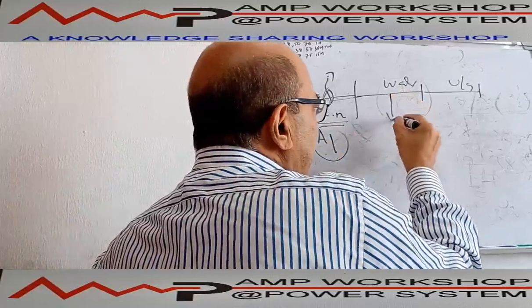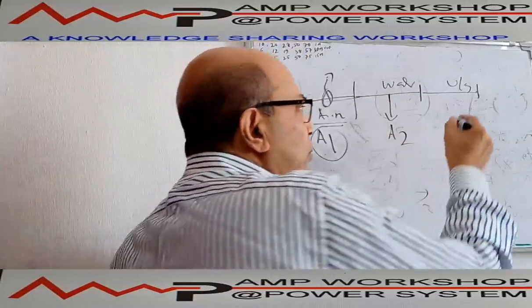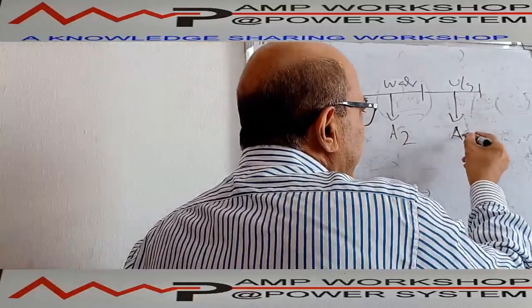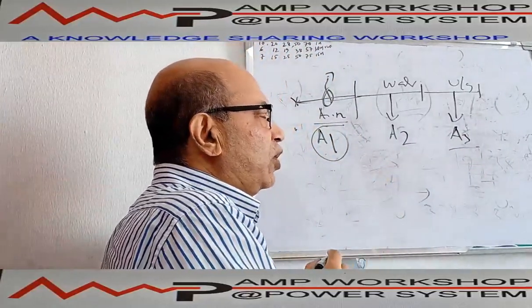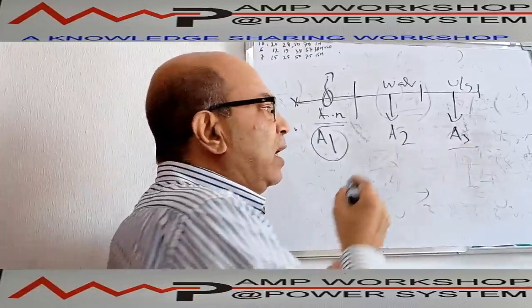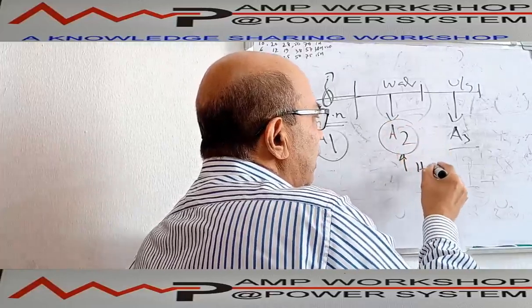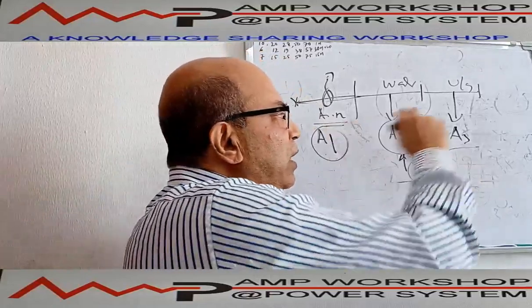Then we calculate, suppose, the cross section area A2 to meet the water requirement. When you come to underground, we get suppose A3. These are the 3 parameters we got. Now we have to see which of these 3 is the highest cross section area. So in that case, we have to take the highest cross section area of the cable for the entire route.